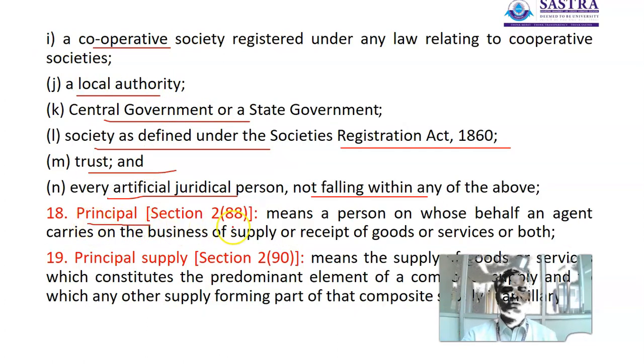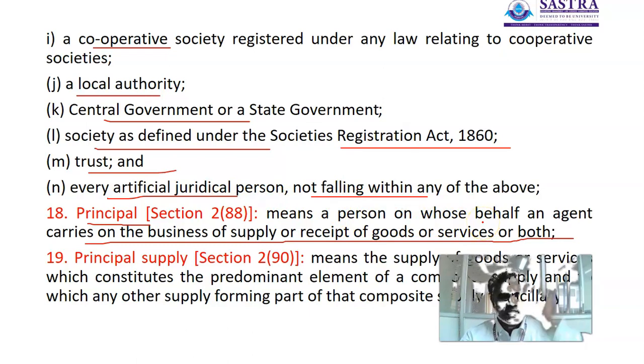Principal, Section 2(88). A person on whose behalf an agent carries on the business of supply or receipt of goods or services. A person on whose behalf an agent carries on the business is the main person, owner, or principal place of business.